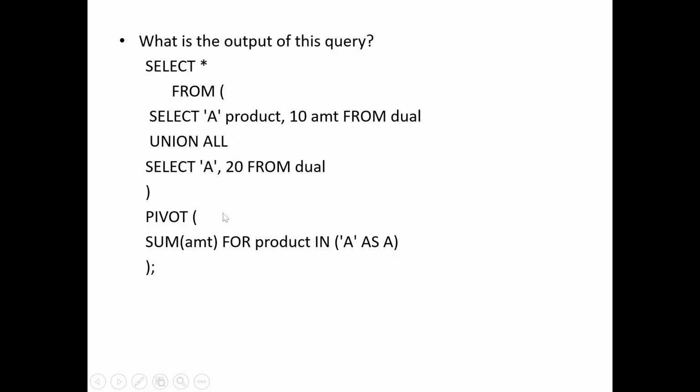Then we are using PIVOT, with SUM of amount, then product IN A. So here we are transforming rows to columns. So the answer is column A value 30.